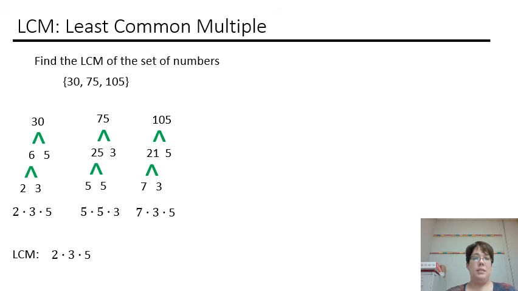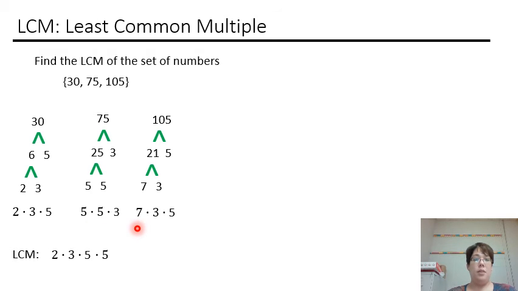All right, now the second set, when I go over here to 75, it has to have a 5 and a 3. Well, I have a 5, I have a 3, but I need another 5. So that one is going to add another 5 to it. If I have that, then that takes care of the second number.